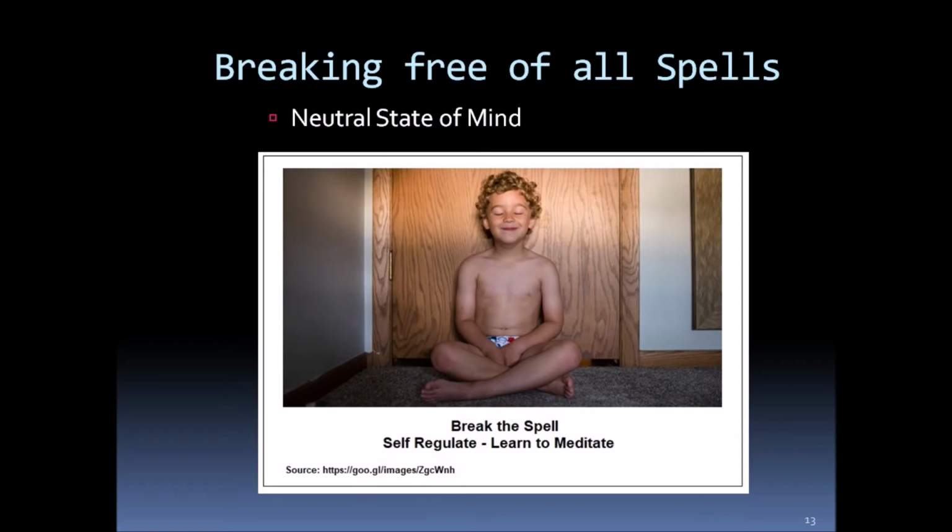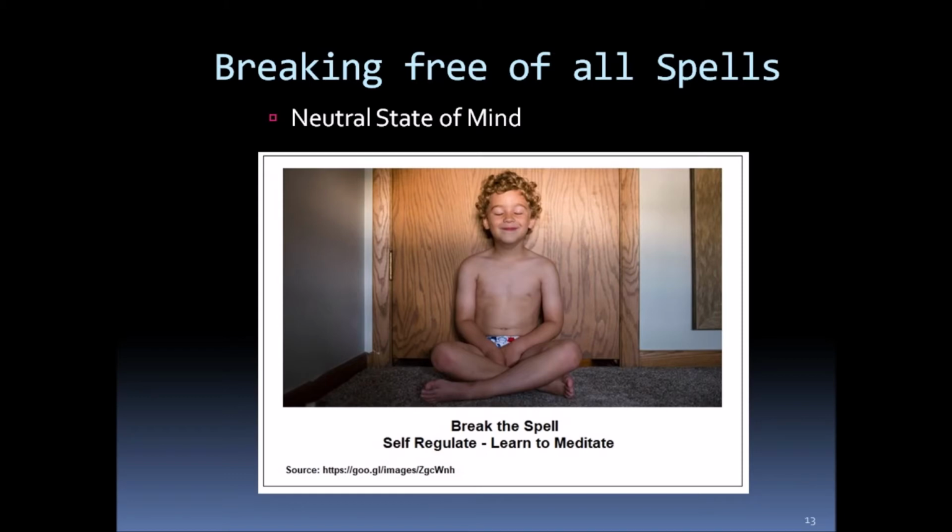That's why sleeping is so beneficial. So adopting a neutral state of mind helps all three bodies self-regulate. And this is really the ultimate goal of breaking away from spells: staying in a neutral state of mind and avoiding the reactionary aspect of a spell.